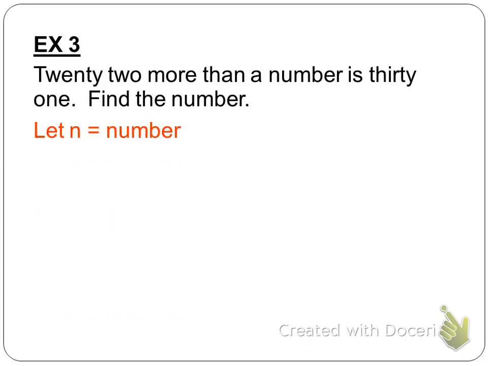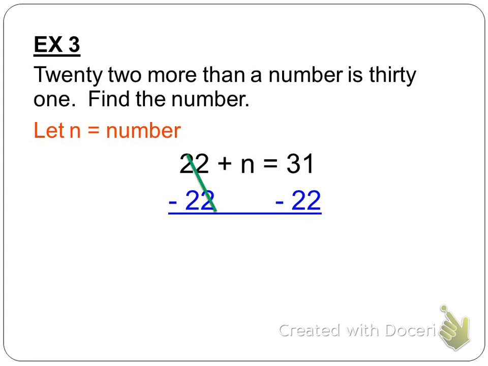I'm going to use N. Let N equal a number. Yes, sir, what'd you get? 22 plus N equals 31. Or plus A, or plus X, or plus whatever. All right, this is a pretty easy one to solve. What do we do to both sides? Subtract the 22. N equals 9.